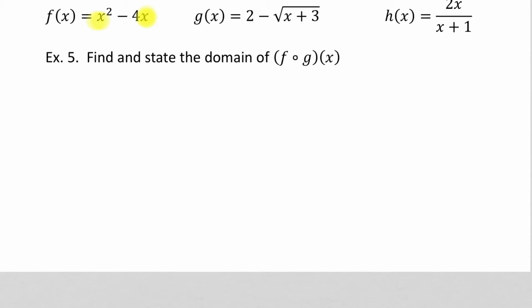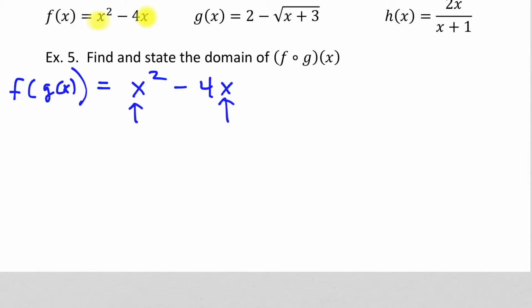So f of g of x is equal to, so the f function is x squared minus 4x. And in these places, we're going to replace it with g of x in both of those places right there. And we're going to get the function.